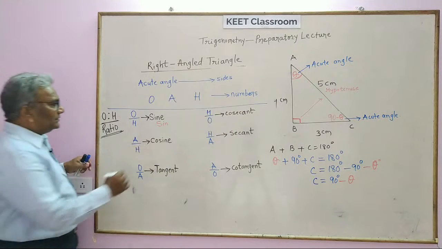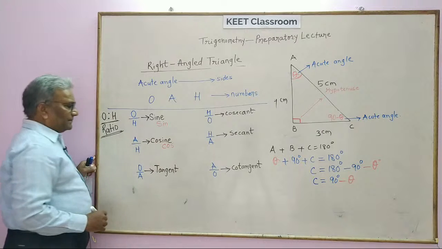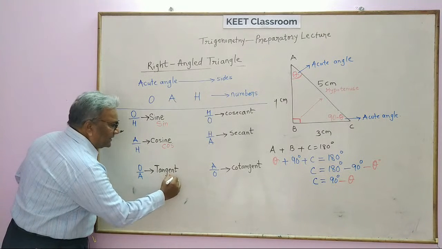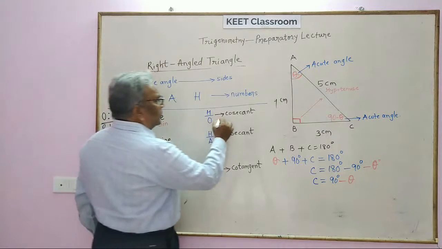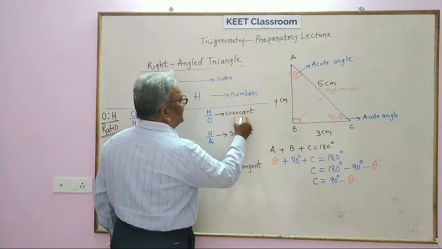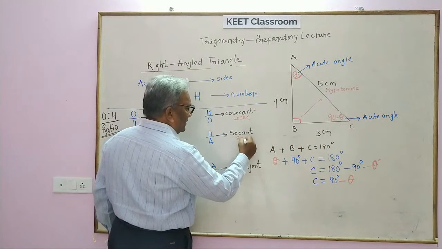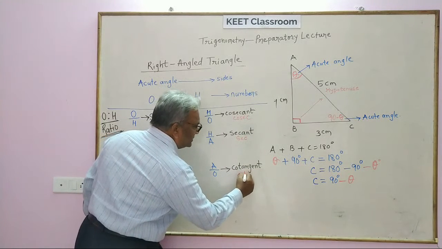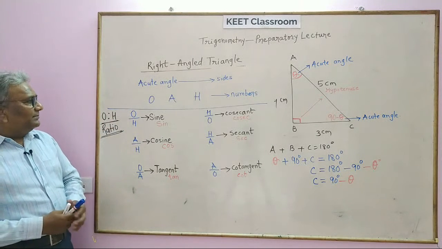For cosine, the short name is cos. For tangent, the short name is T-A-N, tan. For cosecant, it is cosec. For secant, sec. And for cotangent, the short name is cot. So try to remember these names.